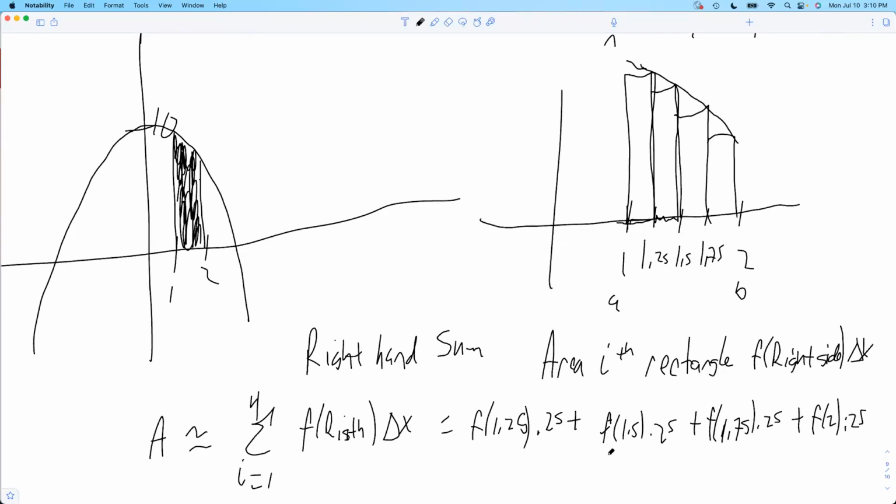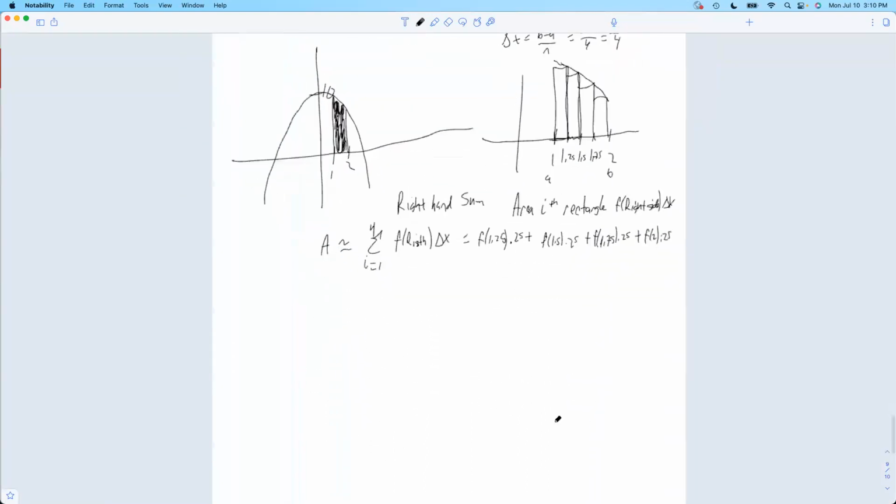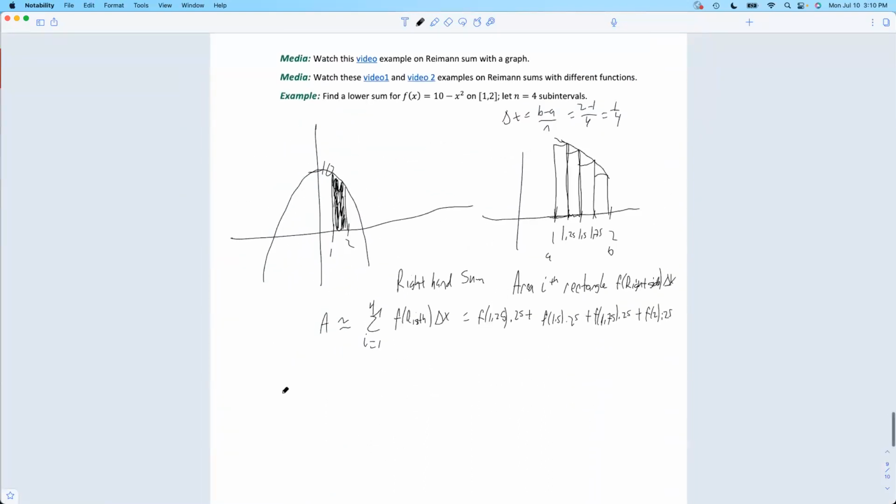All right, now I got to actually go through the work of plugging all those into the function itself. So let's find all these separately. f of 1.25 will be 10 minus 1.25 squared. And so forth.